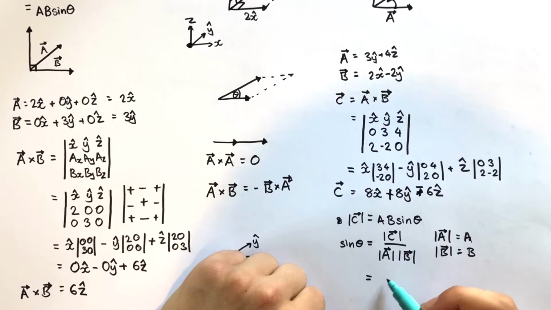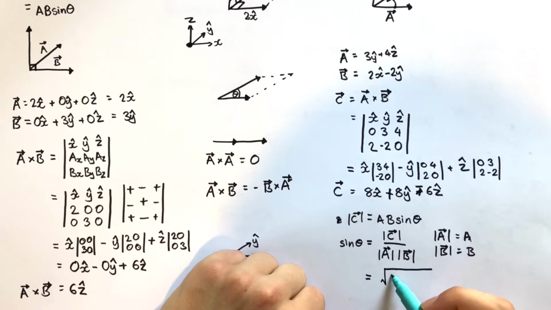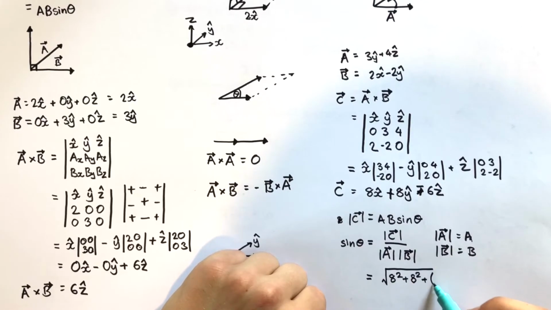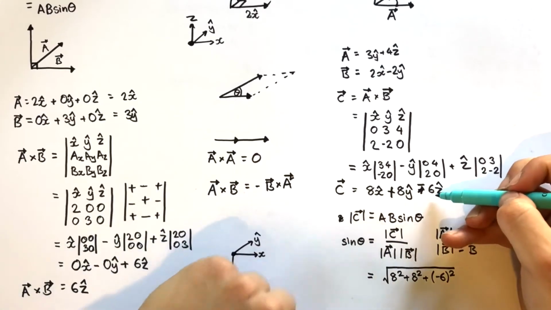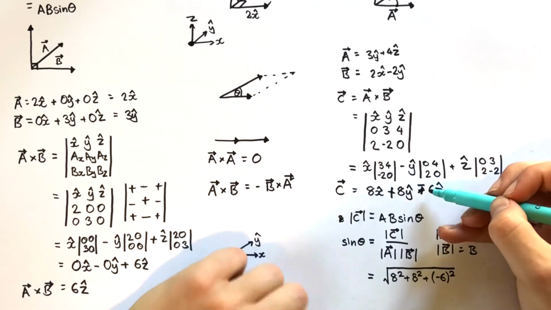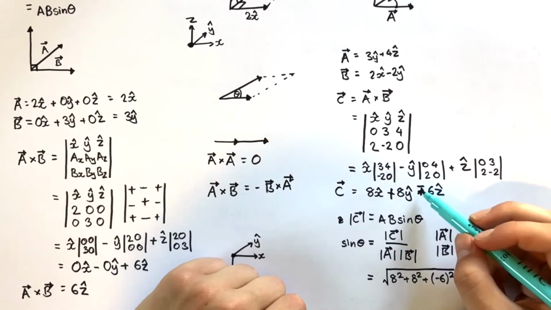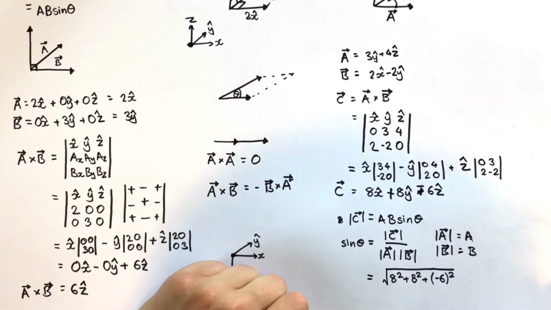So what's the magnitude of C? Well, that's going to be the square root of 8 squared plus 8 squared plus minus 6 squared. Typically, when you're evaluating magnitudes, you don't have to worry about any of these minus signs because any minus sign squared just goes to positive.